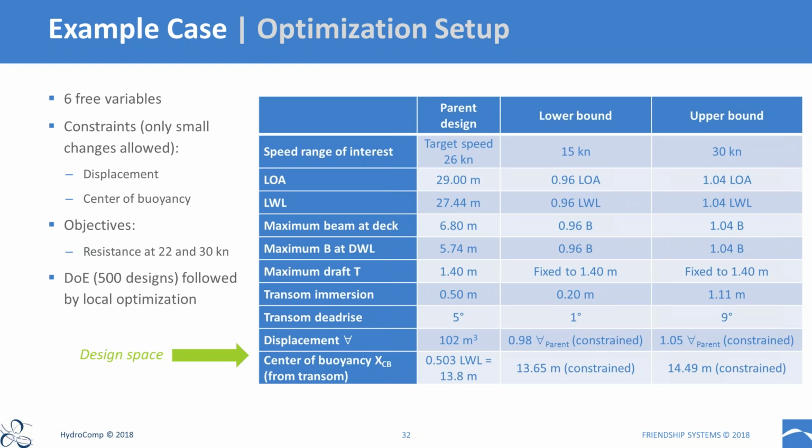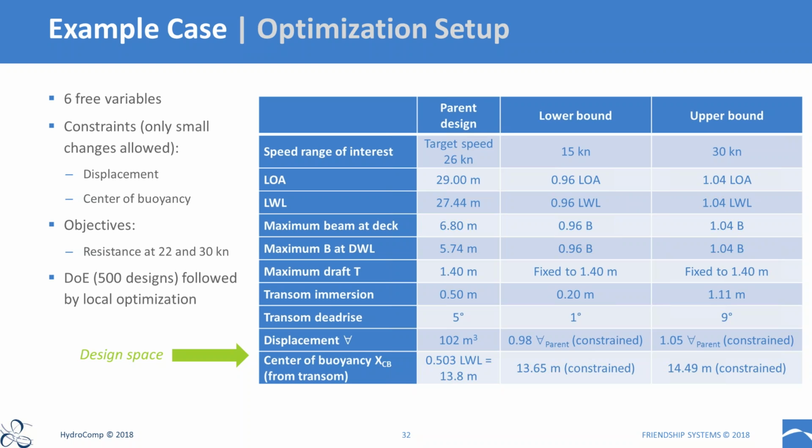And our objectives specifically are the resistance at 22 and 30 knots. So we're evaluating the resistance of the vessel at these two speeds and trying to minimize it.